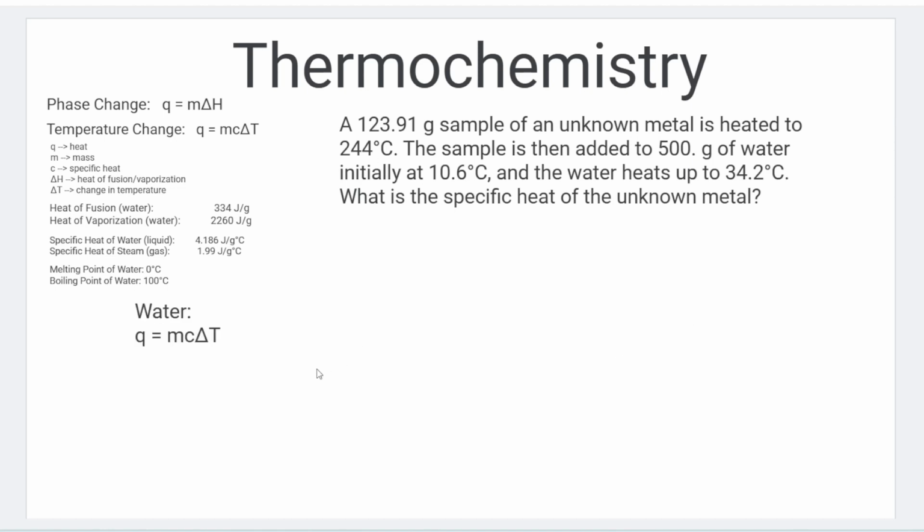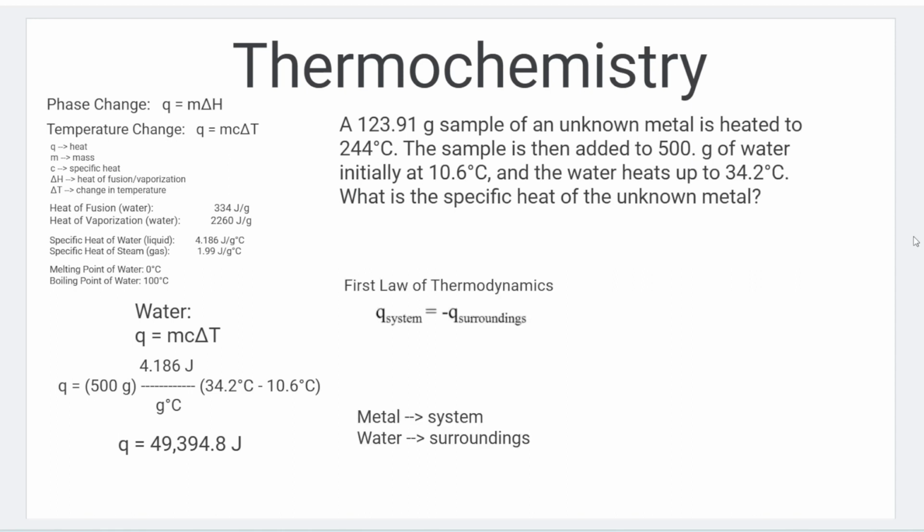We can use Q equals mc delta T to do this. And so, after plugging in the mass, specific heat of water, and the temperature change, we can solve for Q, being the amount of heat required to raise the water to 34.2 degrees Celsius. And so, Q equals 49,394.8 joules. Now we can use the first law of thermodynamics, which says that the Q of the system equals the negative Q of the surroundings, where the metal is the system and the water is the surroundings.